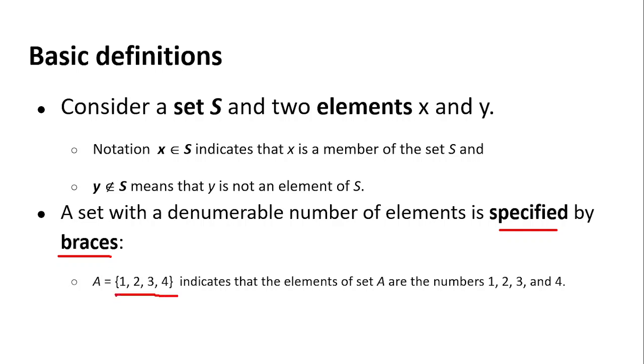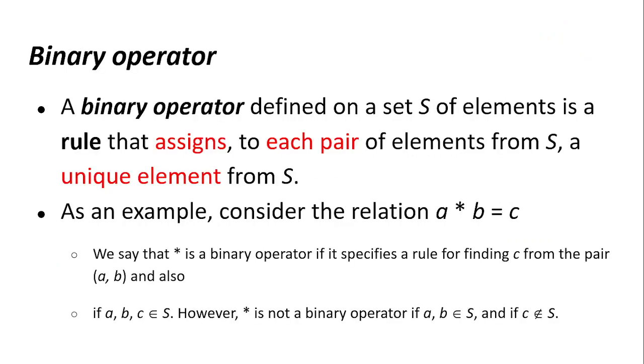So A inside the flower bracket 1, 2, 3, 4 indicates that there exists a set that contains the elements 1, 2, 3 and 4 and so on and so forth. So this is how the notation is used in the algebra.